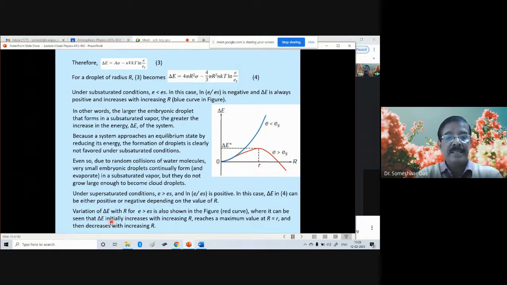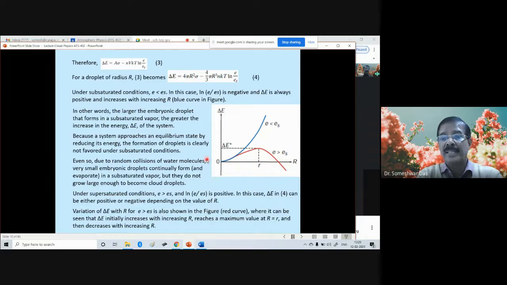It can be seen that delta E initially increases, but after reaching a maximum at radius equal to R, it starts decreasing. So even if the radius R is larger, the capital delta E is decreasing.